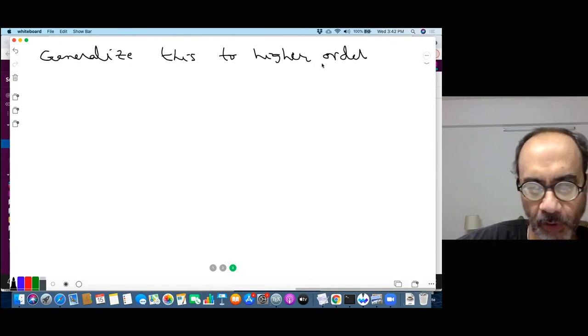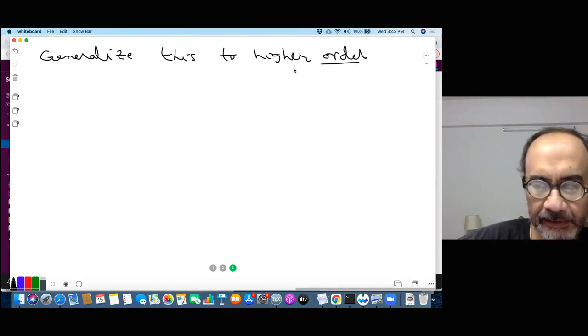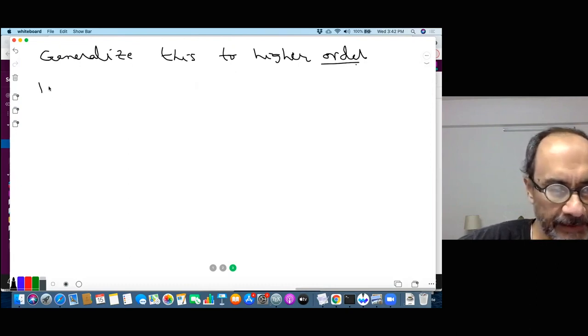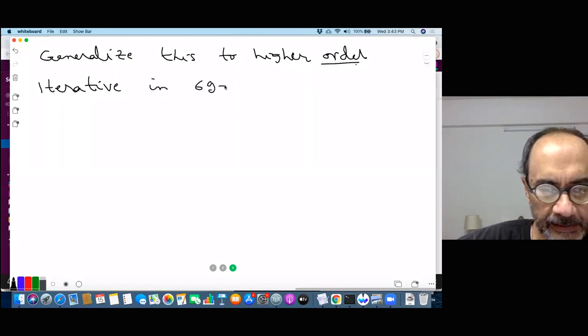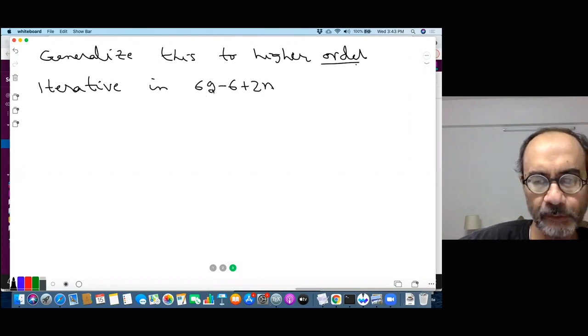And order in this case will be an iterative construction, iterative in 6g minus 6 plus 2n. If you remember, this is the total number of parameters that label a genus G n-point function.